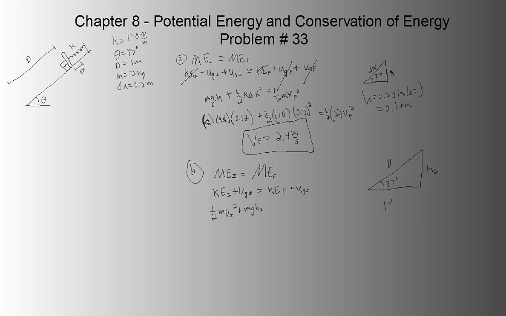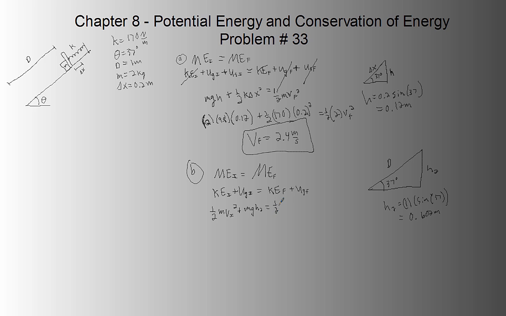So h2 is D, which is 1, times sine 37, which equals 0.602 meters. So we'll stick that in there eventually.